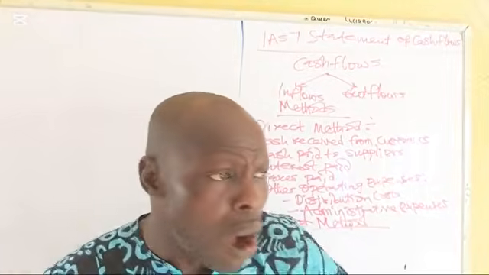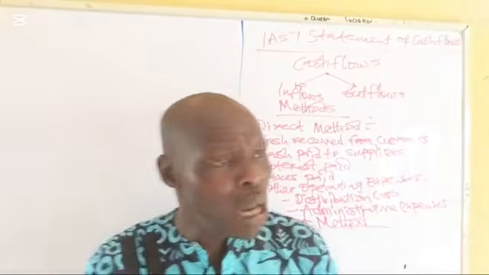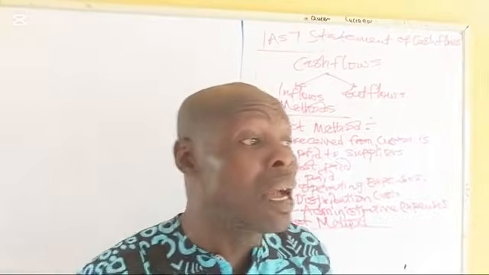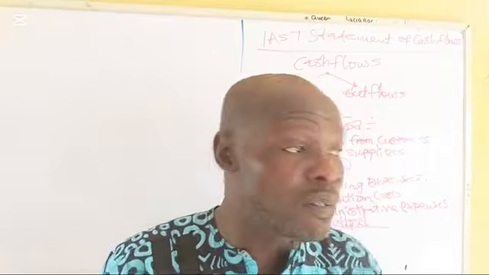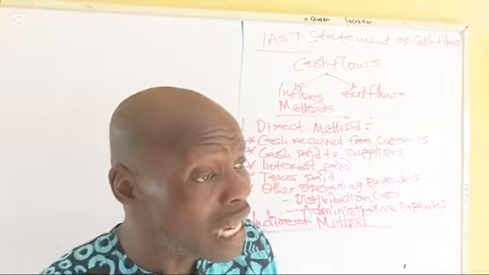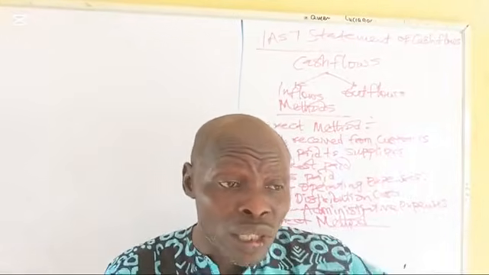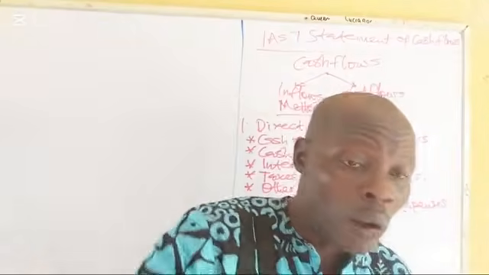I am still on non-cash items that are recognized on the accrual basis but are not part of cash. Number two, items you might have as non-cash items include the loss or profit from disposal of non-current assets.